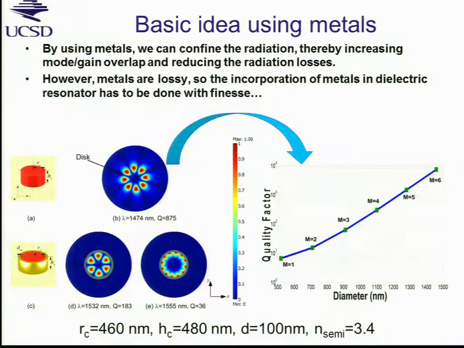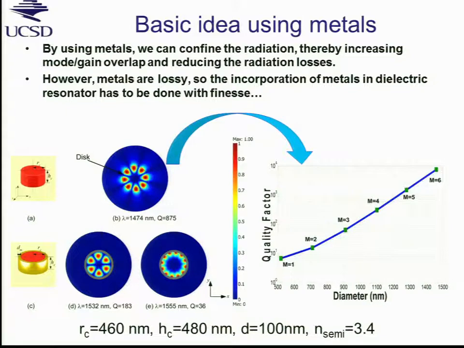So using metal is a great thing. If you don't use metal, you have an evanescent tail in the air, so it causes less mode gain overlap. But more importantly, as the size goes down, we didn't decrease it significantly here, but as the size goes down, the radiative loss will be prohibitive.